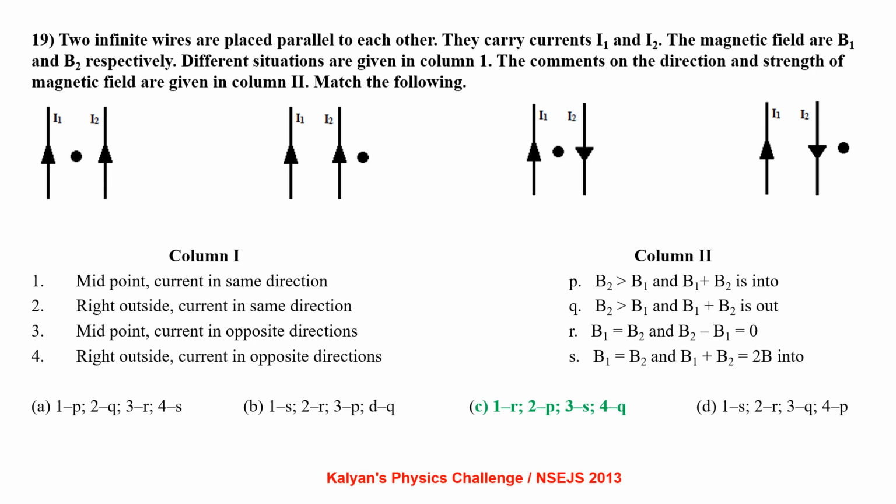Right outside current in the same direction, that is B2 is greater than B1 and B1 plus B2 is into the plane of the paper. Midpoint current in opposite directions, that is B1 equal to B2 and B1 plus B2 equal to 2B into the plane of the paper. Right outside current in opposite directions, that is B2 is greater than B1 and B1 plus B2 is out of the plane of the paper.